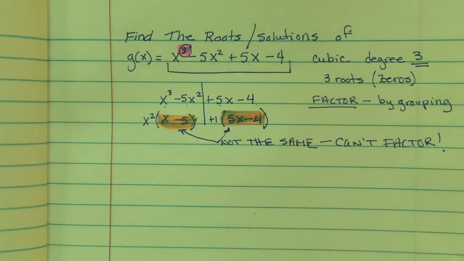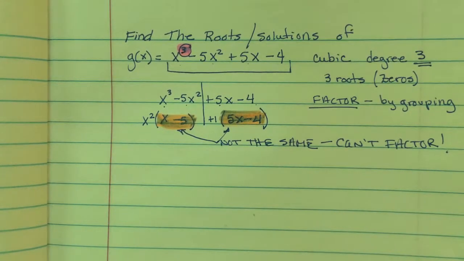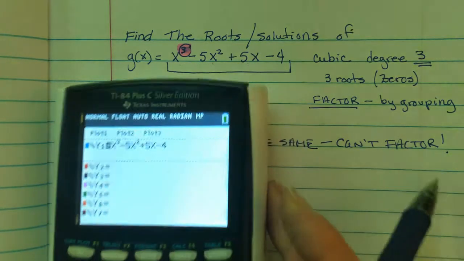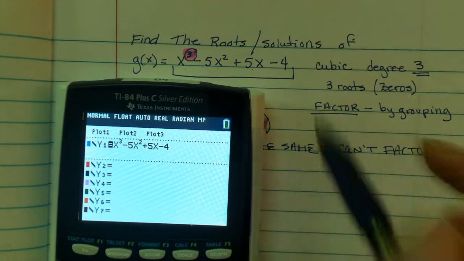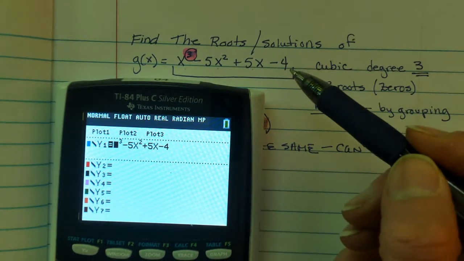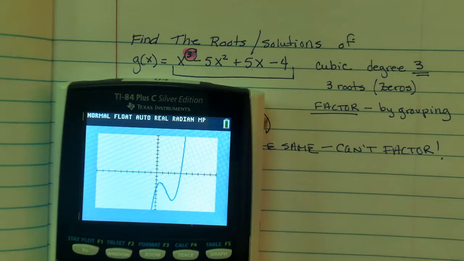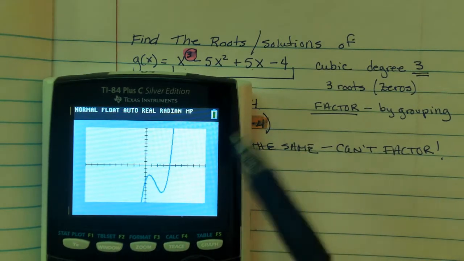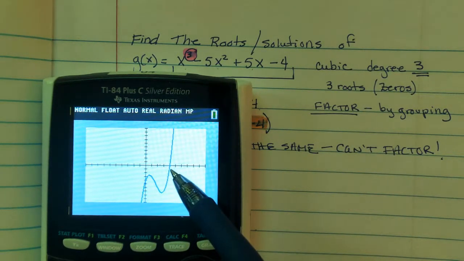So then the next thing I'm going to do is graph this function in my calculator. So I'm going to go to the y equals. I'm going to put in x cubed minus 5x squared plus 5x minus 4. And I graph it. And I see that I have a 0 right here.